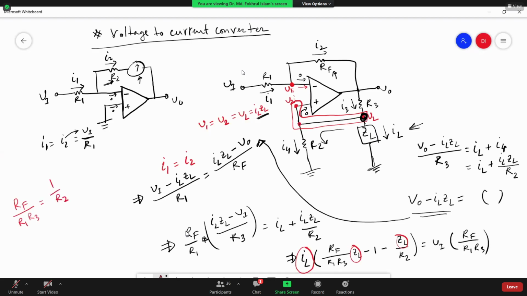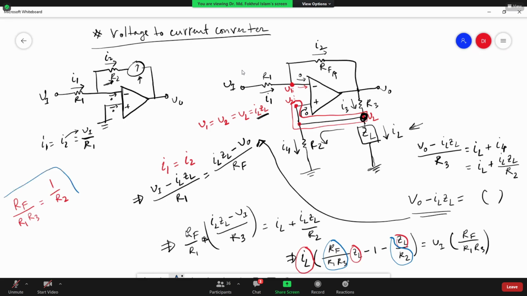You can see that if this constant and this are equal, then we can vanish the ZL. So we need to design the circuit so that the ratio RF divided by R1 R3 equals 1 by R2.